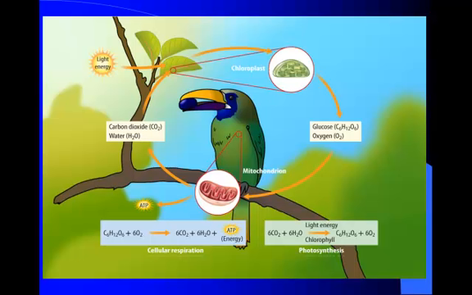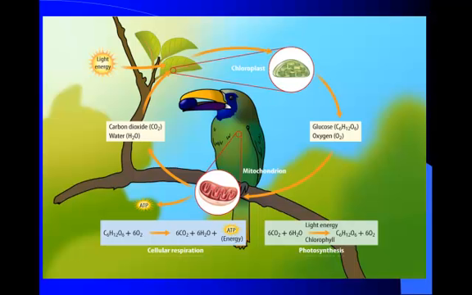Remember, first phase is in the cytoplasm. Then it goes into the mitochondria where the other two phases take place. And then the end result is ATP. Now, ATP is the usable energy by cells. They need that energy to do their functions.